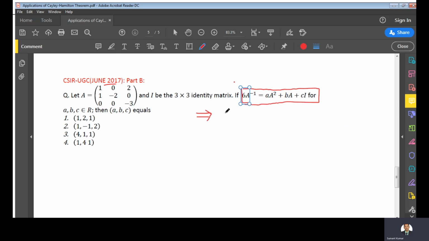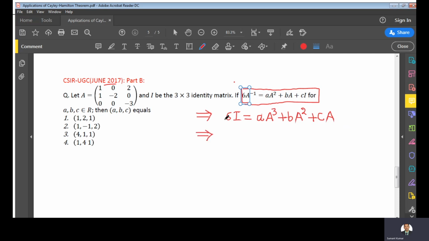Let us multiply it by A. So when we multiply both sides by A, we get 6I equal to a times A raised to the power 3 plus b times A raised to the power 2 plus c times A. This is the expression we are getting, right?